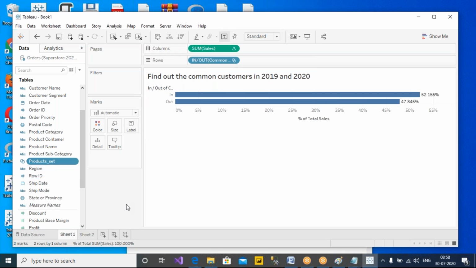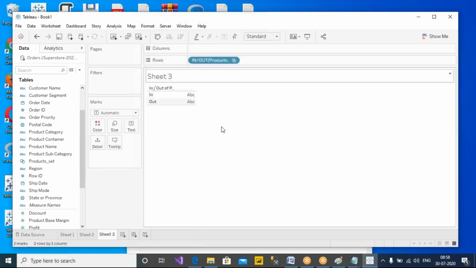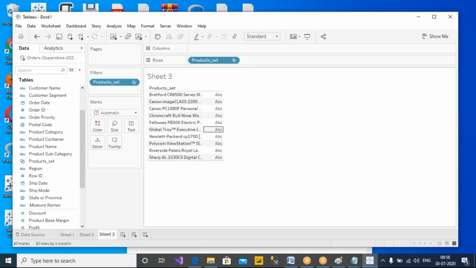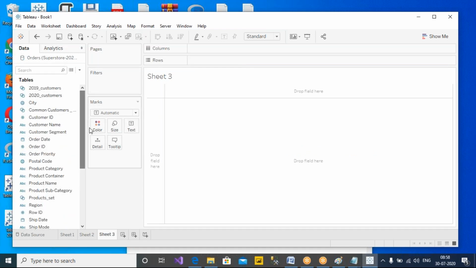We got a set here, and if you drag this set, the members inside the set are the products. Now come to the question. You have a customer set, you have a product set. So two different sets. Can you combine them?